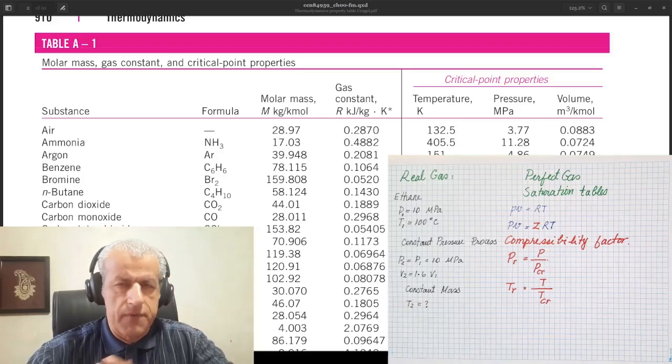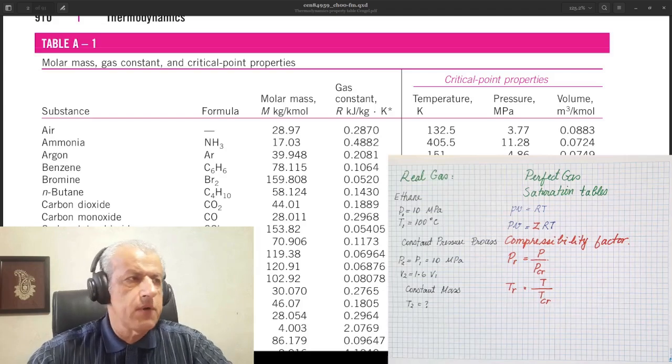Well, our first step is to go to the tables and see what we know about ethane, regardless of the process that happens to it. These are the properties for ethane, from the table in the book by Cengel, which appears early in the tables.